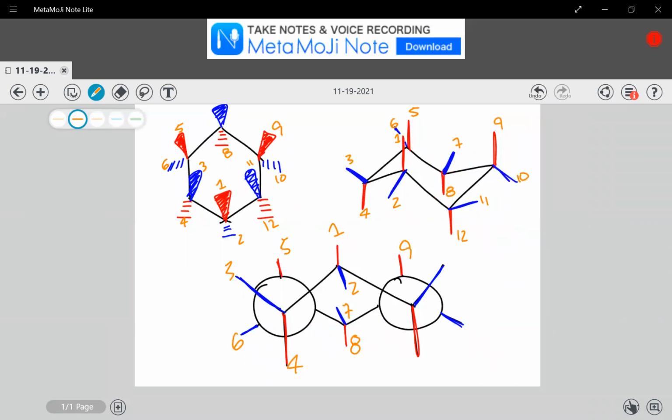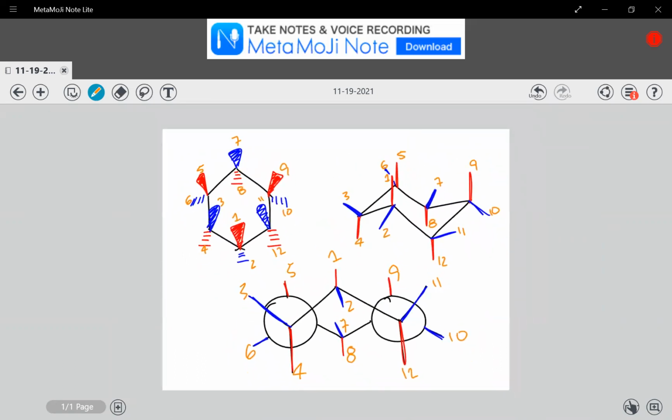Got 9, 10, 9, 10, 9, 10. Finally, I've got these two, which are 11 and 12. And that is how you draw your 2D molecules. All right. So go ahead, take a photo.